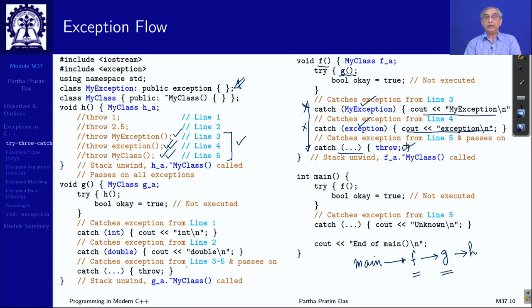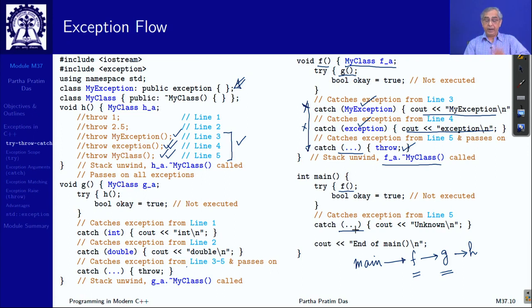As I throw it, the stack frame of F goes out of context. So, the local automatic object of F is destructed, and the control comes back to main within its try block, which has just one catch all clause, because main does not want to do anything.